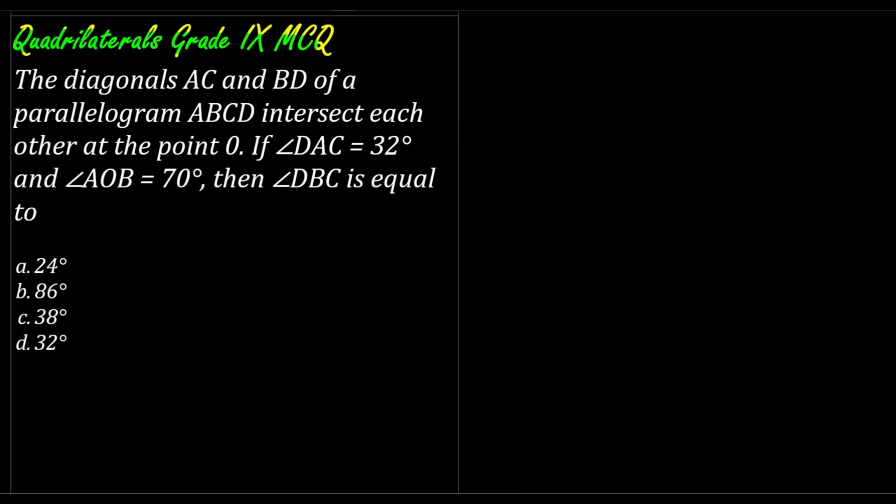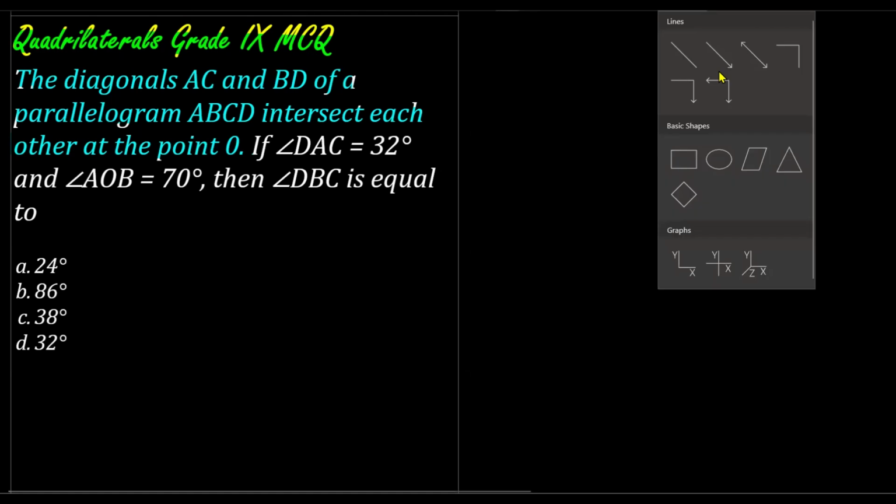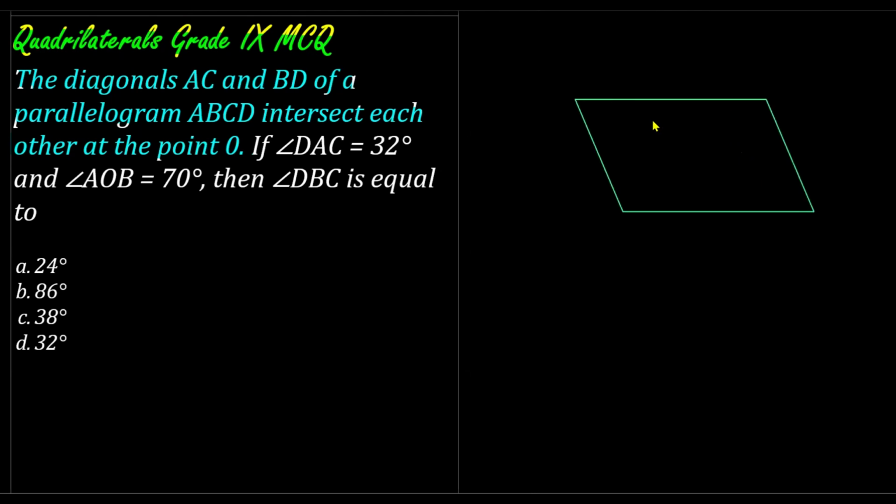And then the next question says, the diagonals AC and BD of a parallelogram ABCD intersect each other at point O. So let's begin with making a parallelogram. I made a parallelogram and named it ABCD.